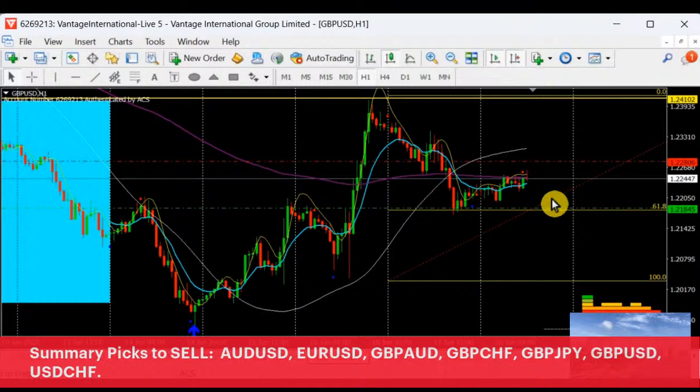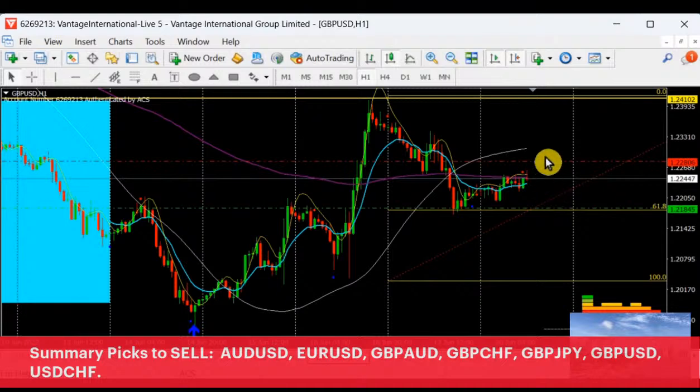Currently, if that level is broken, it will go up to test the Asian high at 1.2330.